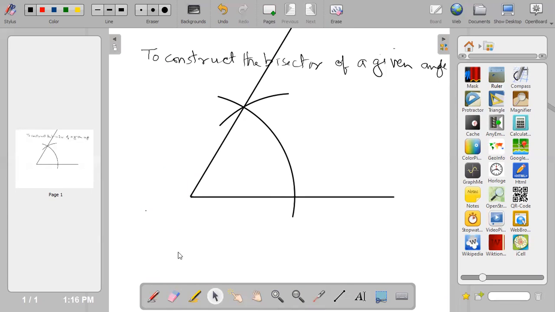Okay, so it can be any angle given, and we have to make the bisector of this angle. This is an angle, its bisector we have to make. Suppose that we have not been given these two arcs.